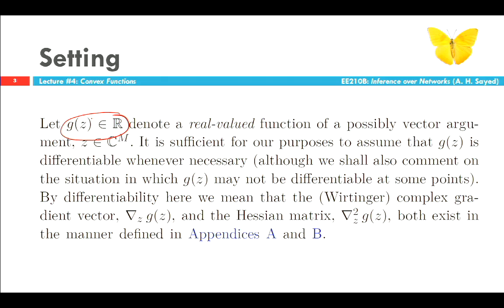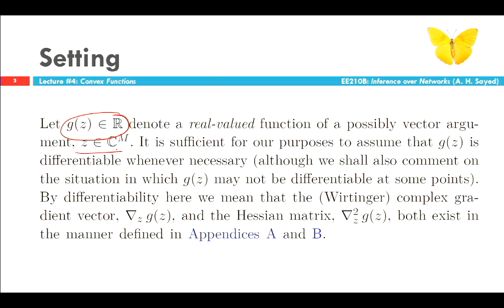For example, a quadratic function, a logistic function. You will be seeing examples of this later. So the function will be real valued, and the argument will be a vector in general. I have a cost of a vector argument, but that argument can be complex or real. That's what I meant by a complex argument.